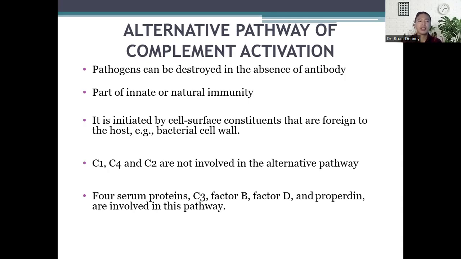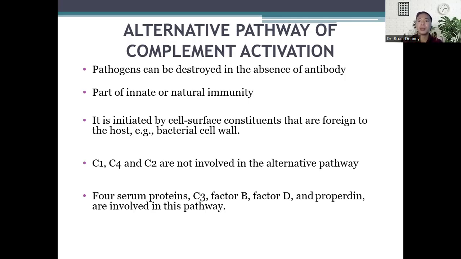These three were present in your classical pathway but not in the alternative. However, these are replaced by the following. We have 4 serum proteins mainly involved in this pathway: C3, factor B, factor D, and properdin.